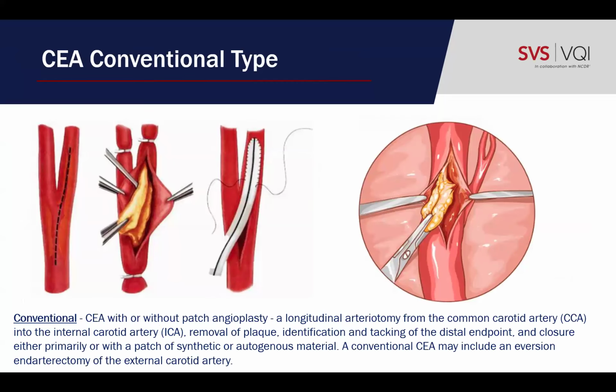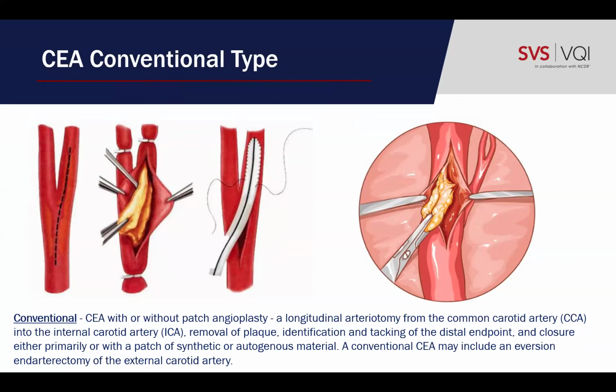Intermittently, I like to review some of the more difficult or confusing questions that have come up. These slides actually came from Dr. Ben Brook from the University of Utah. He presented this a number of years ago at VQI at VAM, but I wanted to quickly review the difference between the conventional and eversion approach for carotid endarterectomy. The conventional approach can be done with or without patch angioplasty.